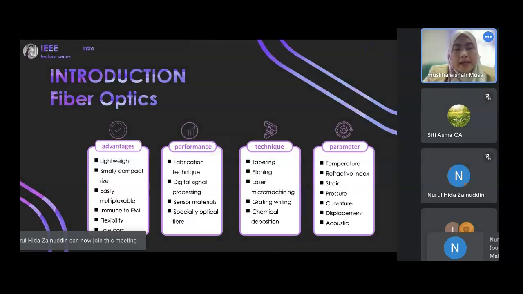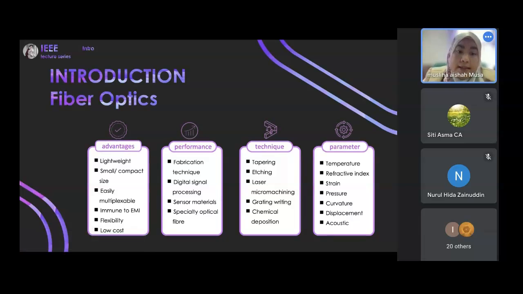Okay, we can play around with the performance of the fiber optic sensor through the fabrication technique, digital signal processing, the sensor material itself, and the specialty optical fiber that we use.